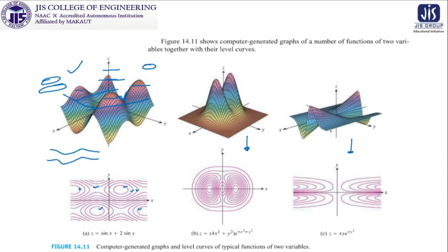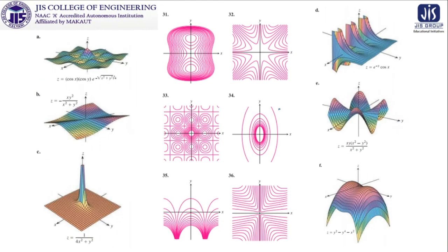Whenever the surfaces are complicated and it is tough to analyze the surface, we take the help of level curves, and the level curve actually helps us a lot to understand the characteristics of the curves. That is why this is represented to you. What is your job? You can see there are 6 level curves and 6 graphs, surfaces I should say.